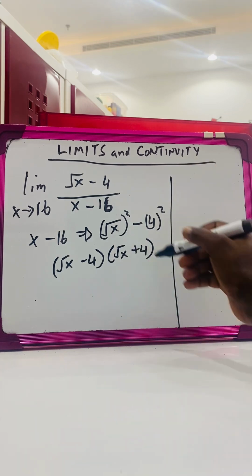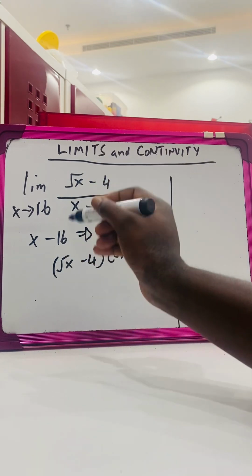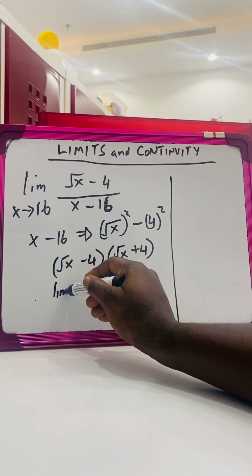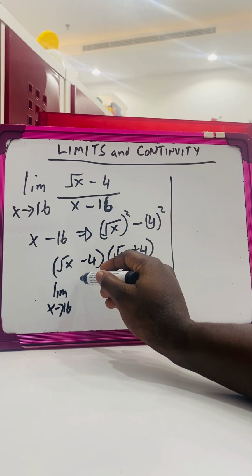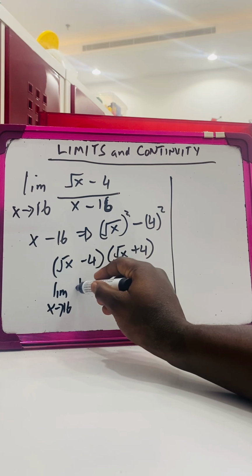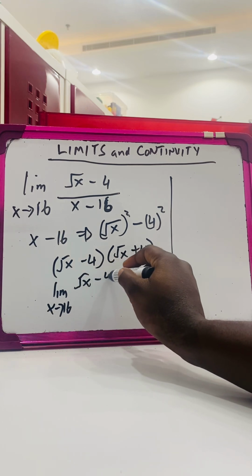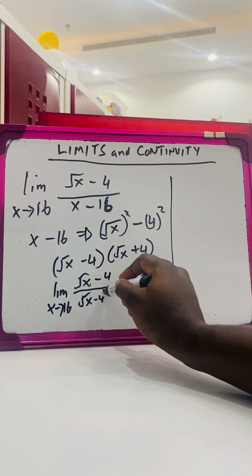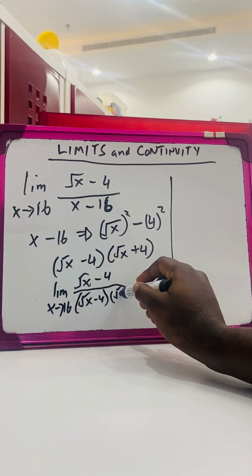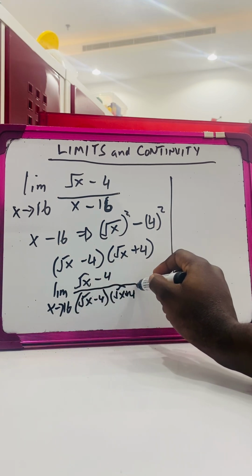So I put this back in the given expression. Limit as x approaches 16. Now the numerator is root of x minus 4. The denominator is root of x minus 4 and root of x plus 4.